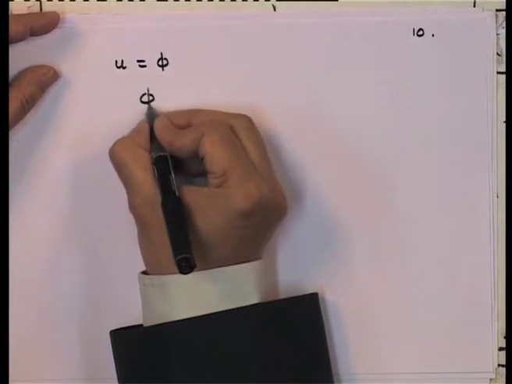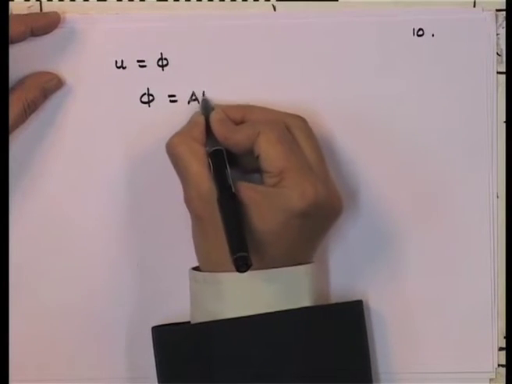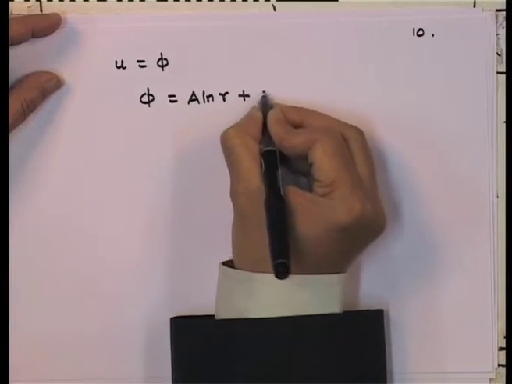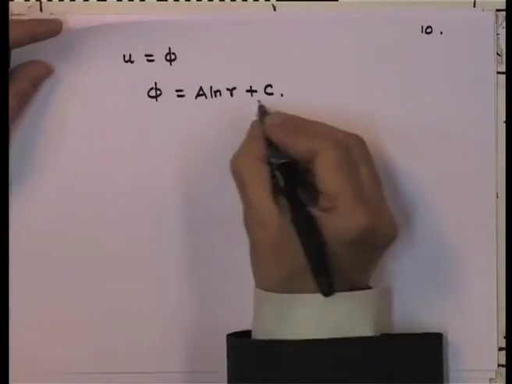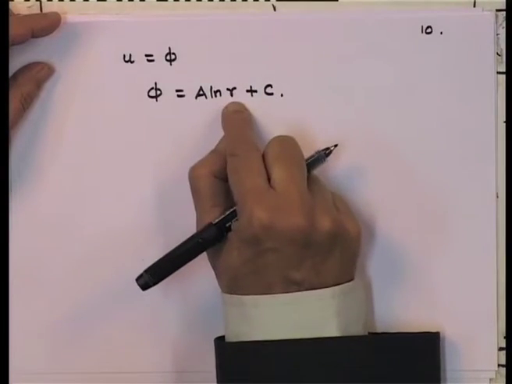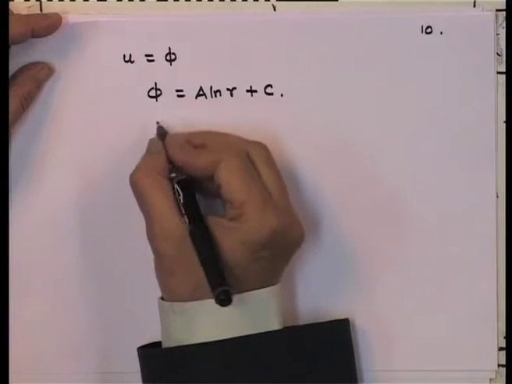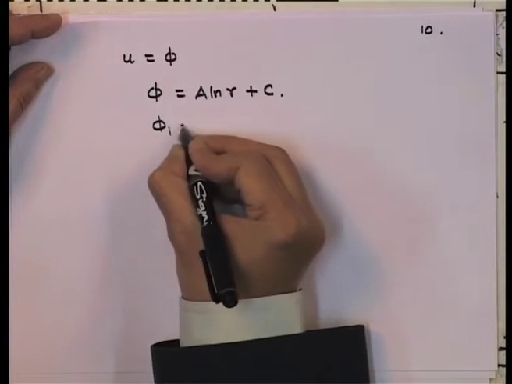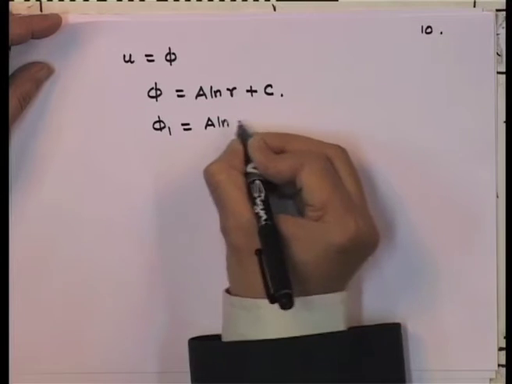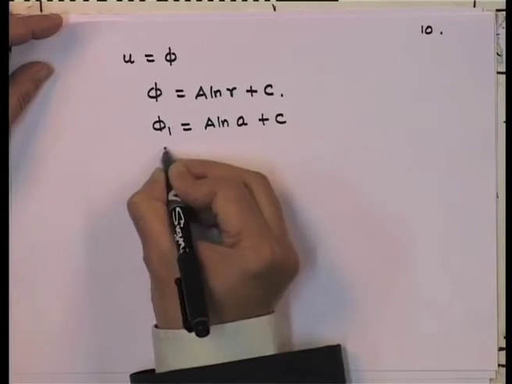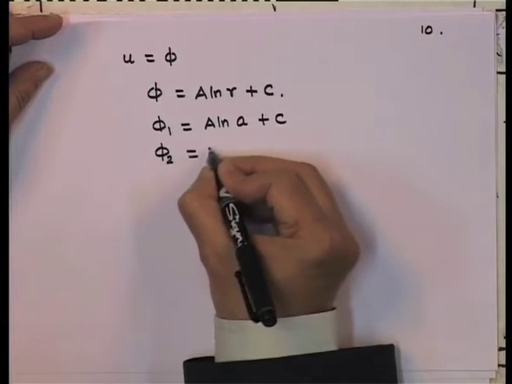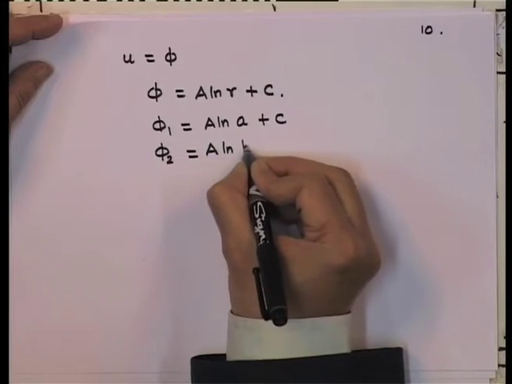So, therefore, phi is given by a log r plus c. Now, since phi is constant on the 2 surfaces, r is equal to a and r is equal to b, I can write phi 1 is equal to a log a plus c and phi 2 is equal to a log b plus c.